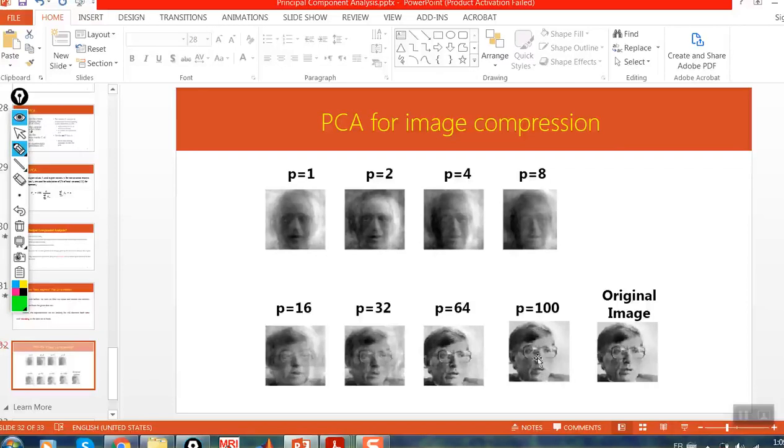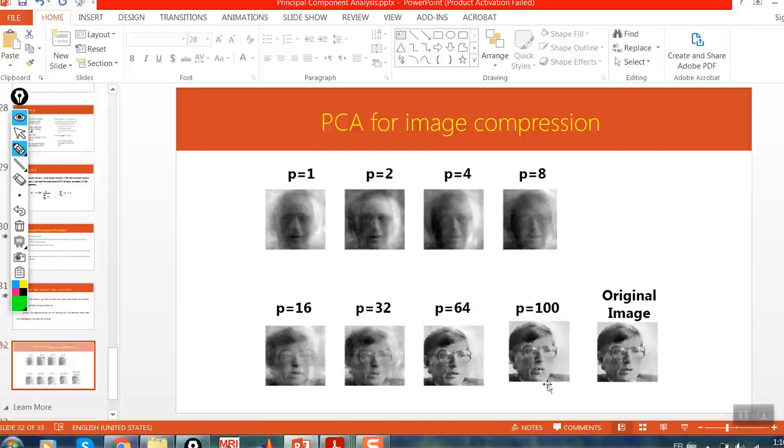Okay, then instead of, for example, 1000 images, we can put each image in one column of a matrix and calculate the covariance, and then calculate the eigenvalues and eigenvectors of that covariance matrix, and then we reconstruct each image using only 100 features.